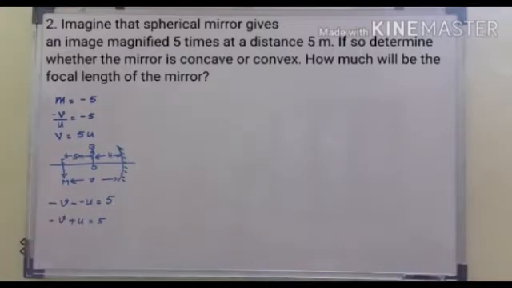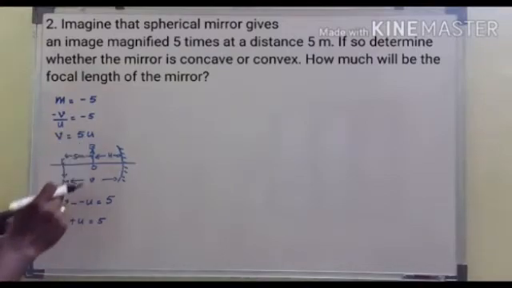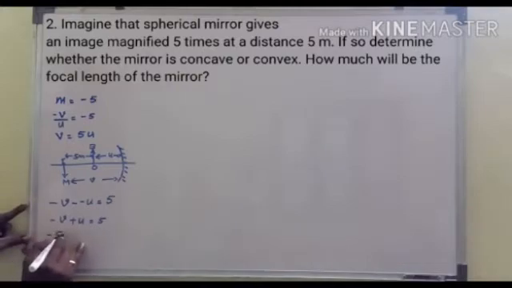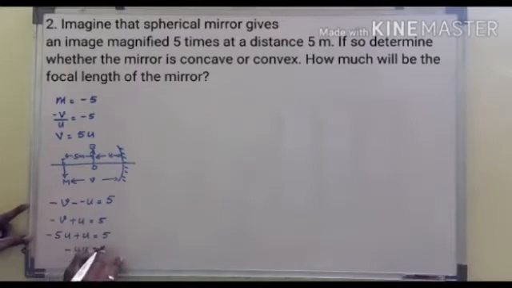So let us substitute 5u in the place of v. So minus 5u plus u is equal to 5, that is minus 4u is equal to 5.